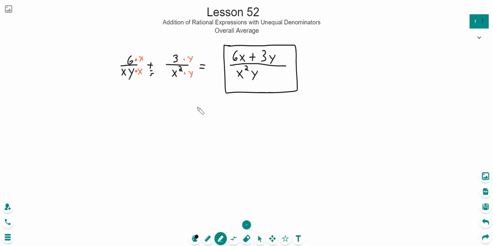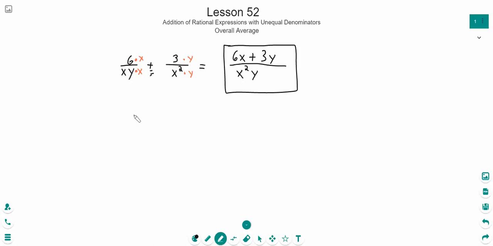Now, the difference between what we just did and what we're going to do is that now the denominator is going to become a little bit more complicated. So let's look at a problem that is written something like this.